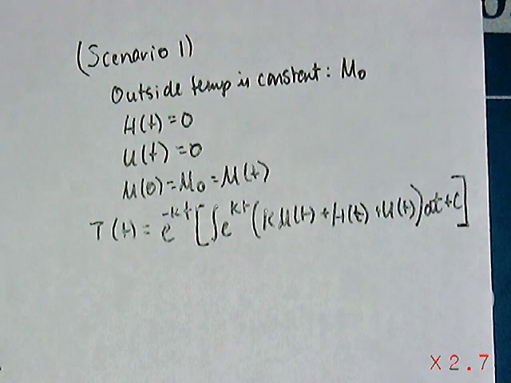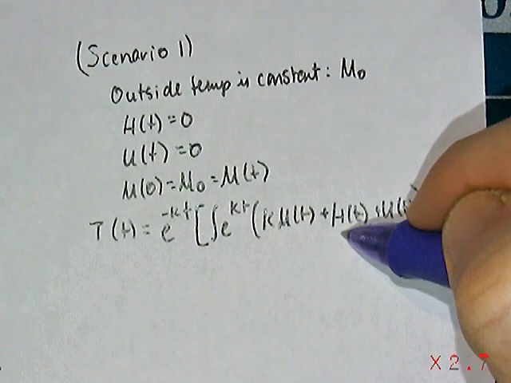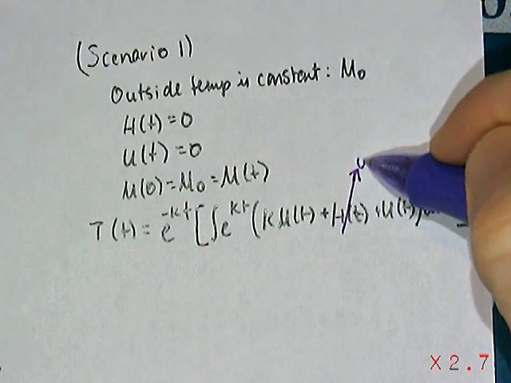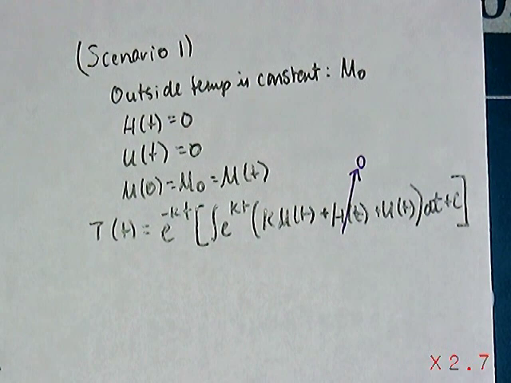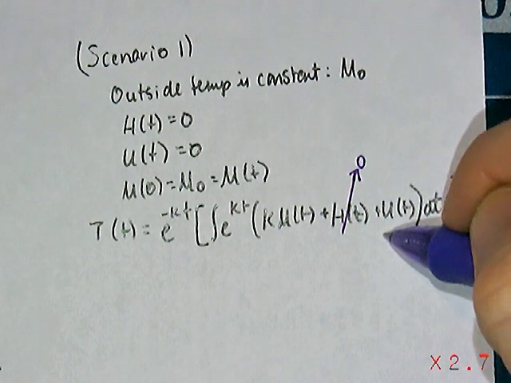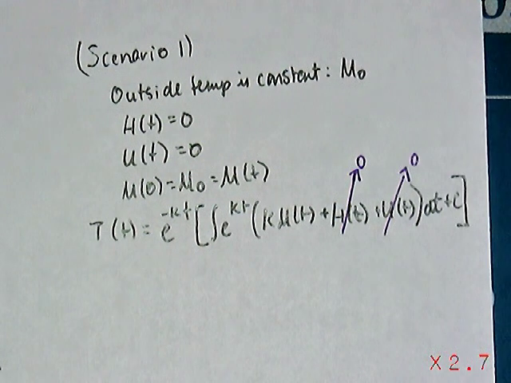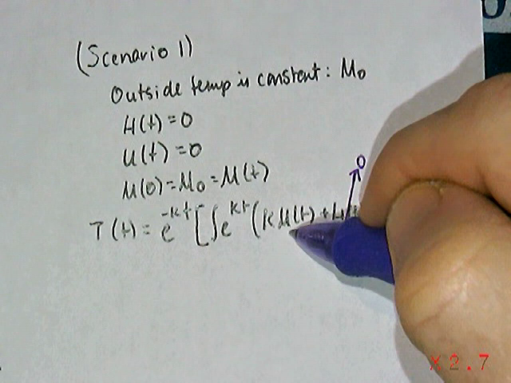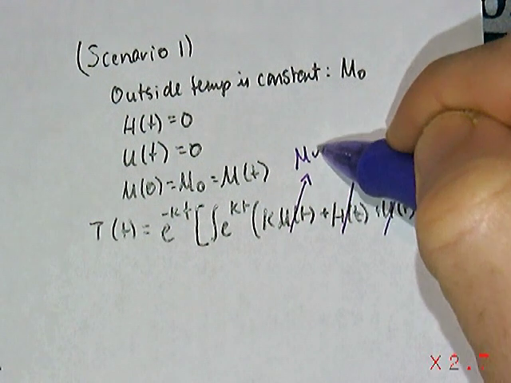So for this particular problem, we're just going to use the information given to us. This term right here will be exactly 0 because we're not taking into account any heat due to people, lights, machinery, anything like that. We have no air conditioning. That term will be 0. And we've already decided that this outside temperature remains constant, which is m0.